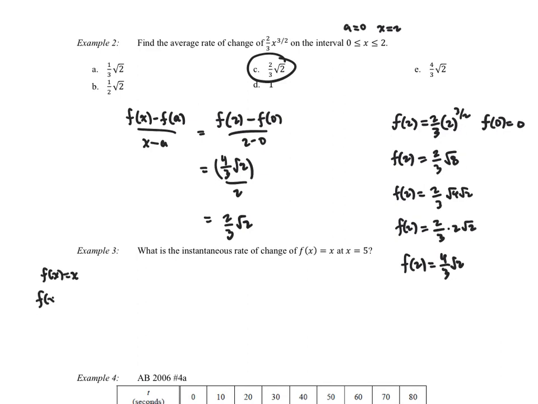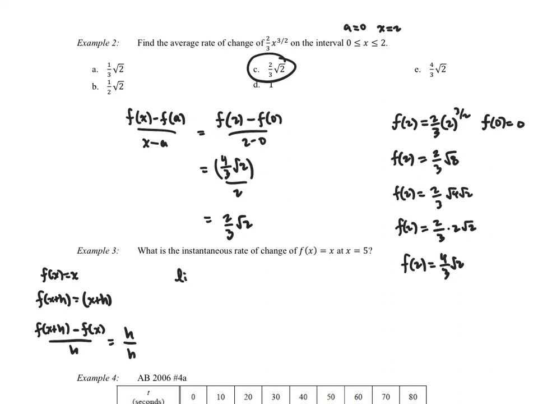And f of x plus h, well, that would be x plus h. So f of x plus h minus f of x over h, what would that be? Well, that would be x plus h minus x, which is just going to be h over h, which is 1. So the difference quotient simplifies to 1.